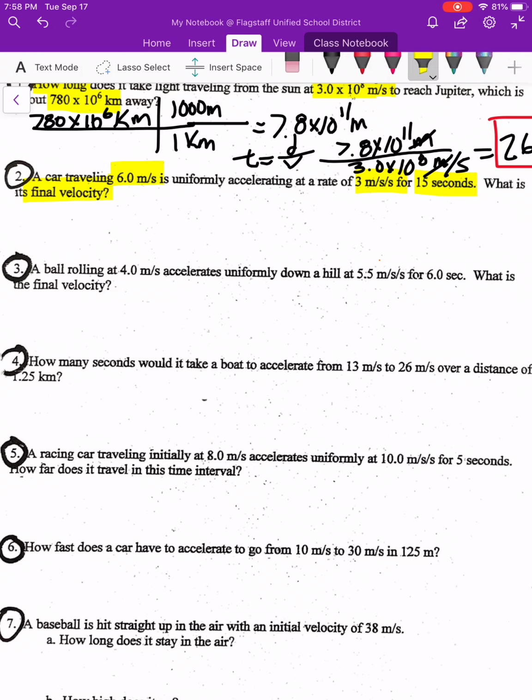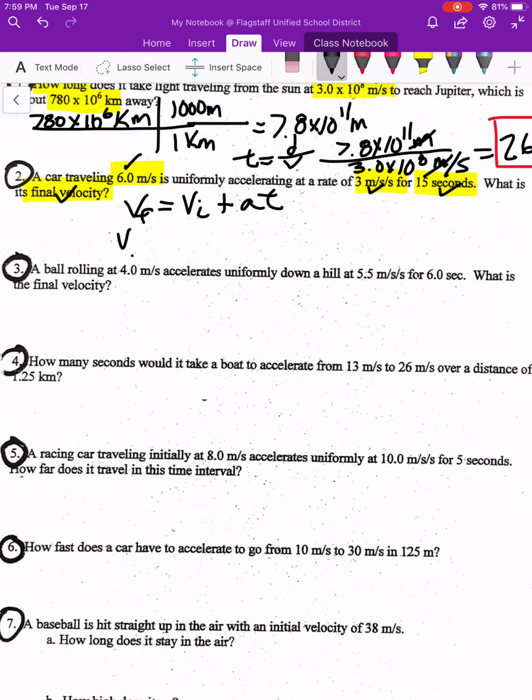So again, we need to look through our equations, which one looks like it's going to help us out. Hopefully you guys all came to this equation. Final velocity is initial velocity plus acceleration times time, because we have our initial velocity, acceleration, time, and we're solving for our final velocity.